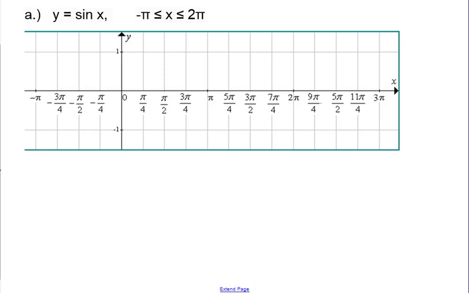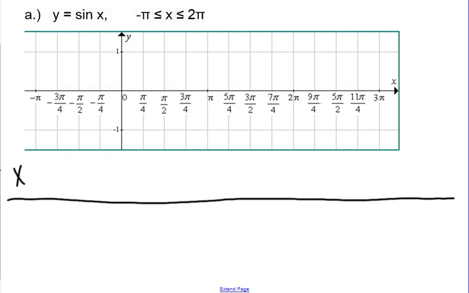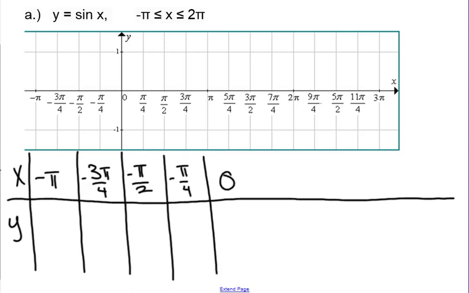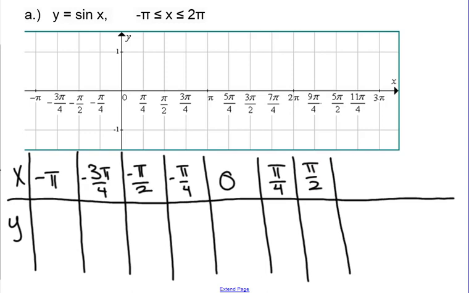So we've got x's and y's, and our x values that we're given are negative pi, negative 3 pi over 4, negative pi over 2, negative pi over 4, 0, pi over 4, pi over 2, 3 pi over 4, and pi.